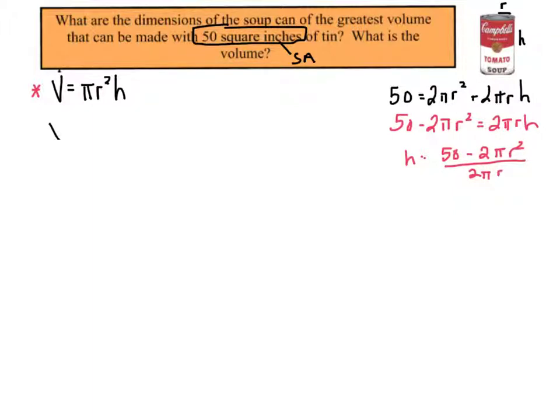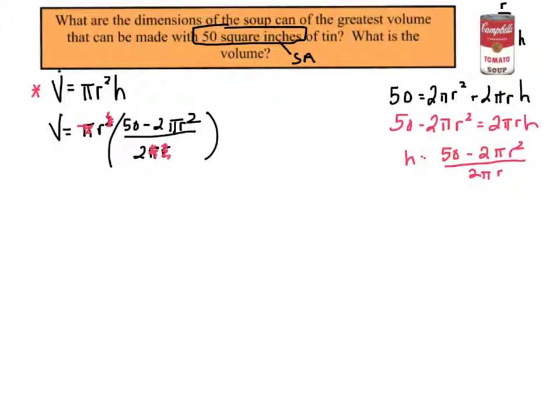So volume becomes pi r squared multiplied by 50 minus 2 pi r squared over 2 pi r. Now this looks ugly. Let's do a little simplifying. Pi divided by pi is 1. r squared divided by r is just r.